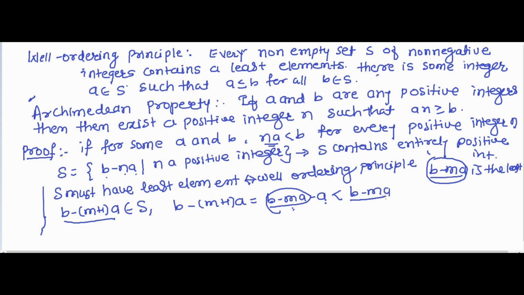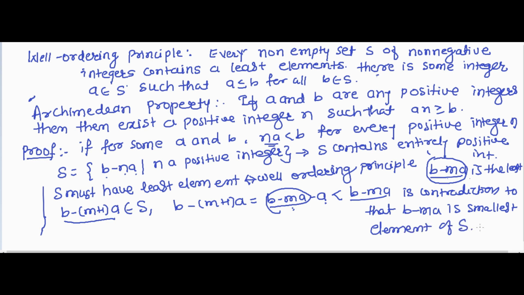If it is smaller than b minus m a and it is a positive element of S, this is a contradiction to the fact that b minus m a is the smallest element of S.